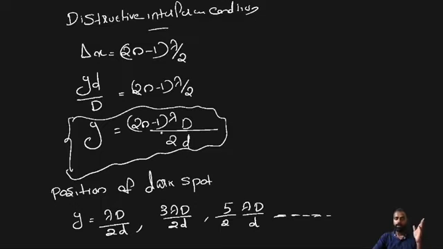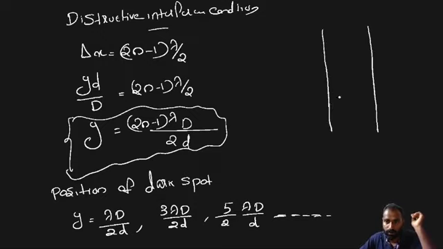If I try to plot this dark band and the bright band on the screen, this is my axis.